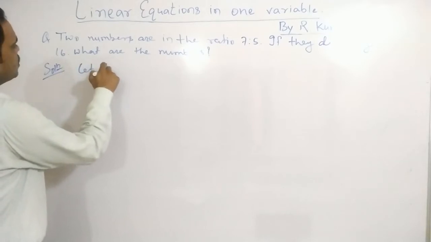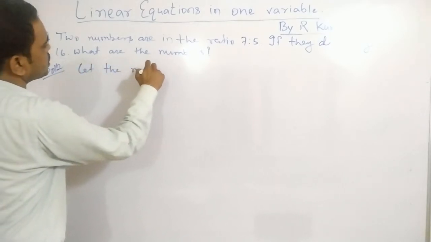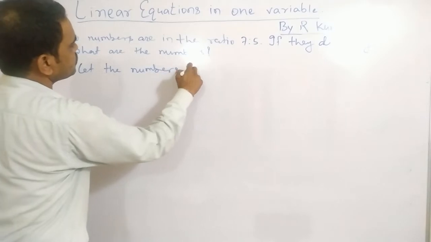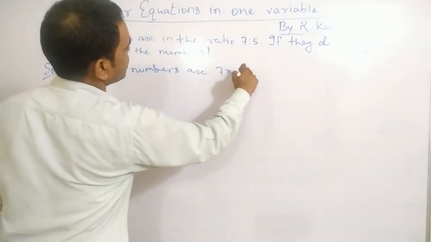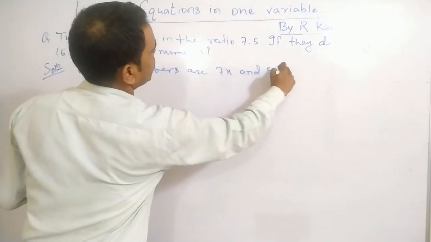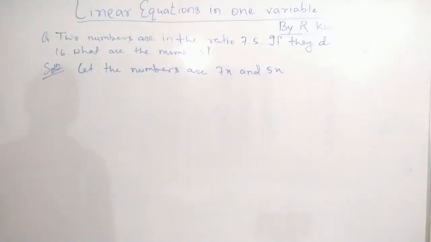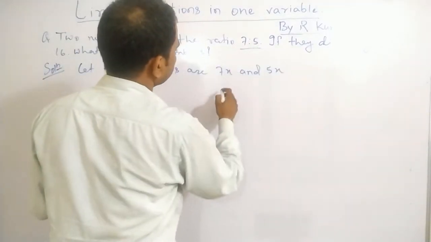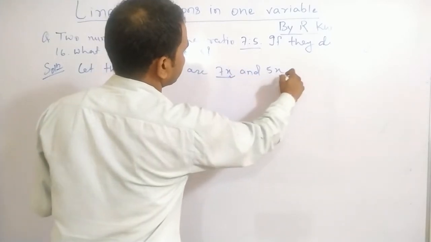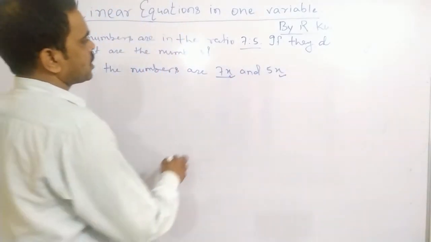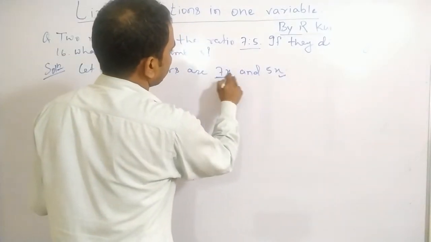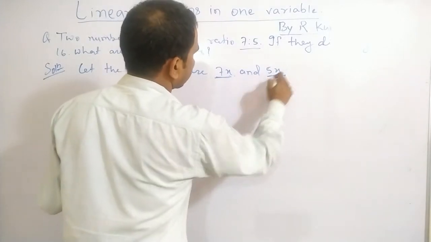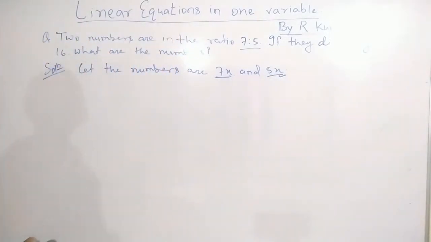Let the numbers be 7x and 5x. This is given in ratio, that is why I have taken x as a constant. Now 7x will be the first and the second one will be 5x.